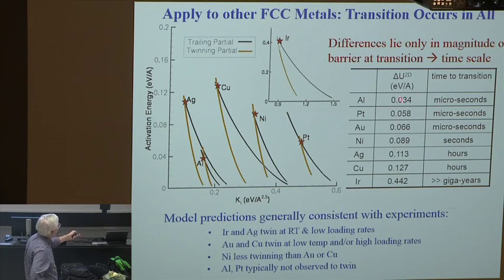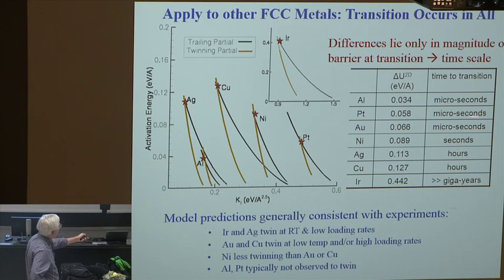From that, you can then calculate, well, how long does it take for that transition to occur? That is, how long would you have to wait to see this behavior? And you find that in aluminum and platinum, you only have to wait microseconds. Gold, a little bit more, but still microseconds. Iridium, gigayears. And so experimentally, we see twinning in these materials. We don't see twinning in these materials.